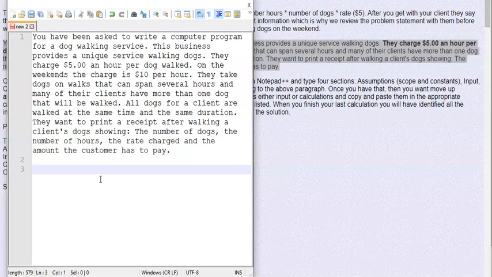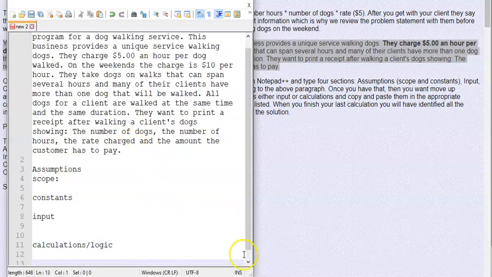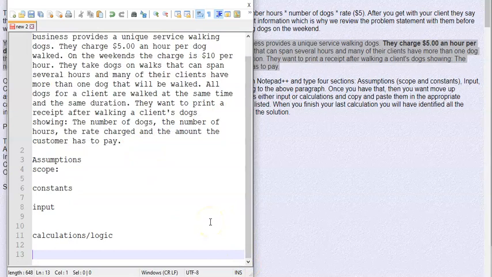And that is assumptions, scope, constants, input, calculations, and logic. I'm going to put logic out here because we have decisions on this. Your logic is always in your calculation section, so might as well comment it that way. And then we have output.